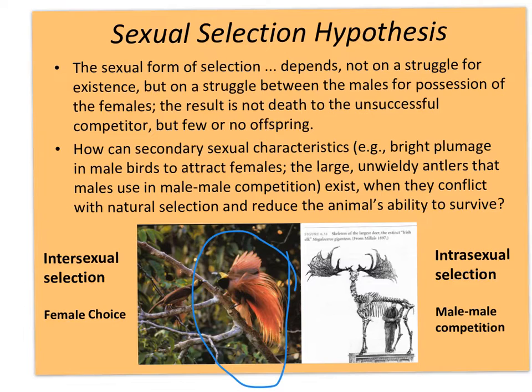So what we have is two forms. We have intersexual, that's between sexes, male and female, where the female chooses the male. Then we also have male-male competition. This is called intrasexual, within the same sex. And in this case, this is an Irish elk. You can imagine the rack on this thing was a lot to carry around.